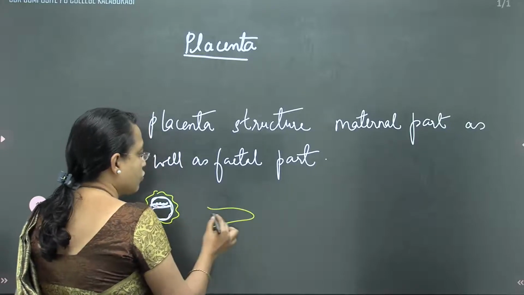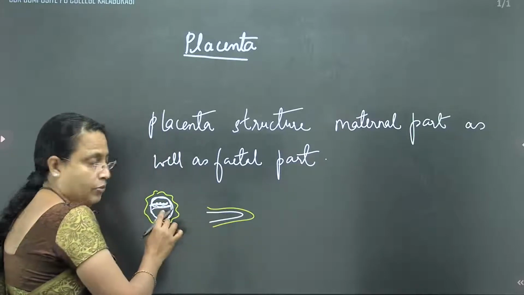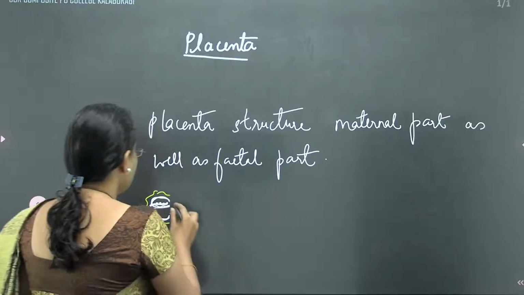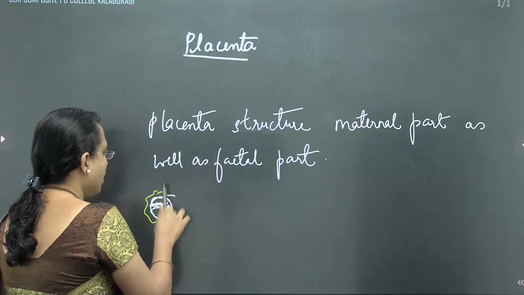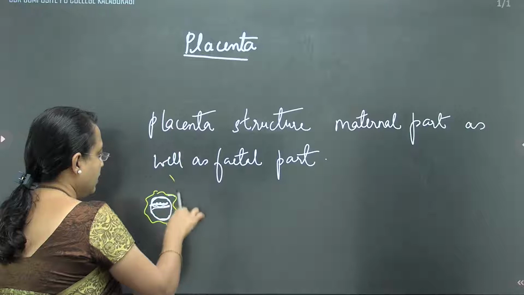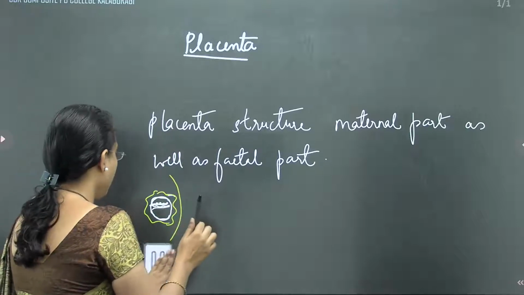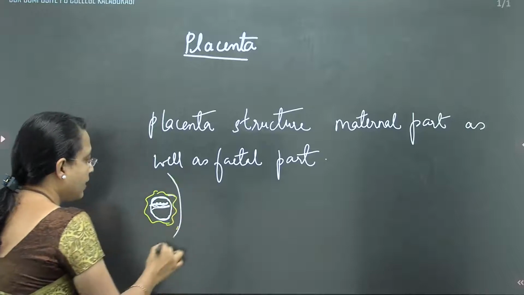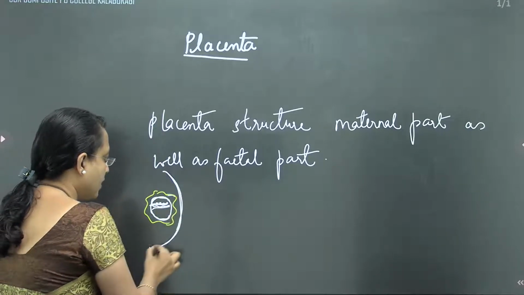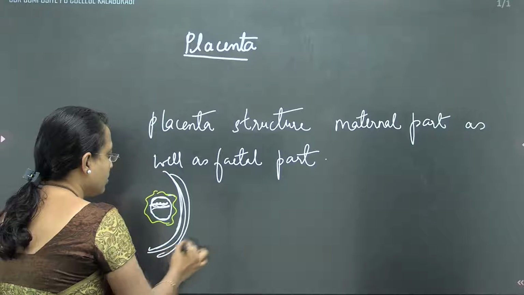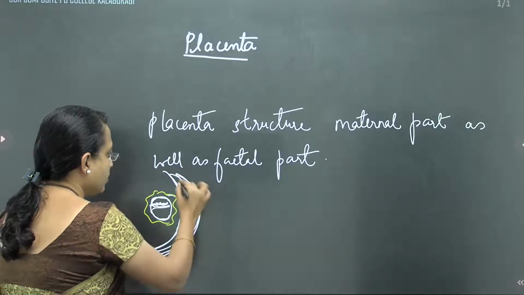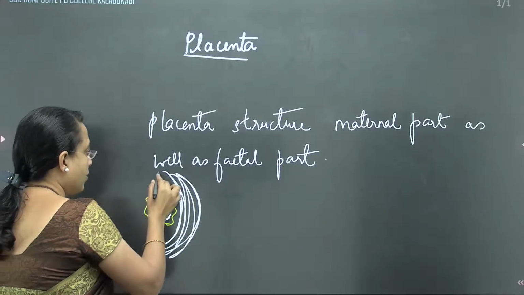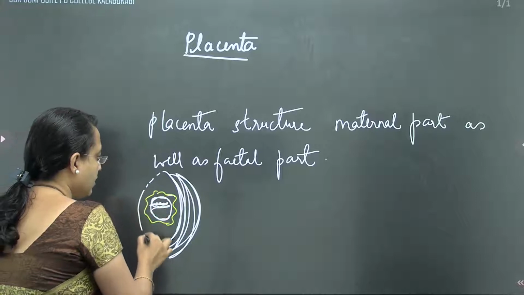So how was this implanted? Consider this was implanted in the maternal decidua. This is the maternal decidua, and this is the developing embryo, and that is how it was implanted.